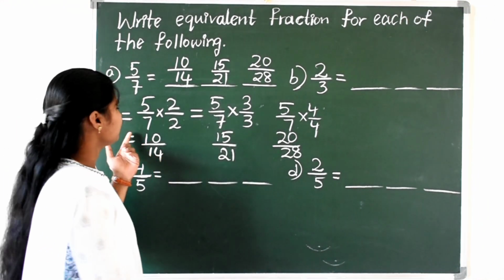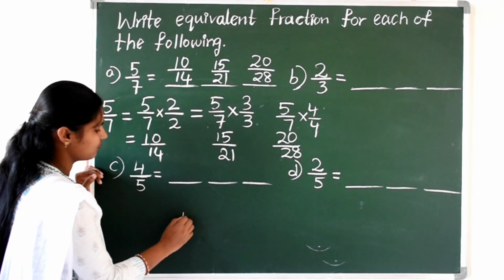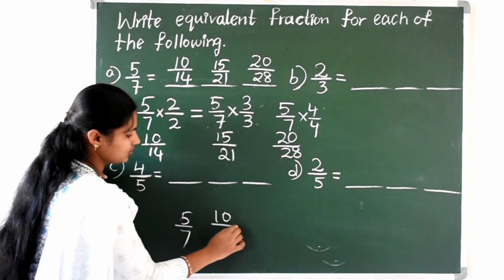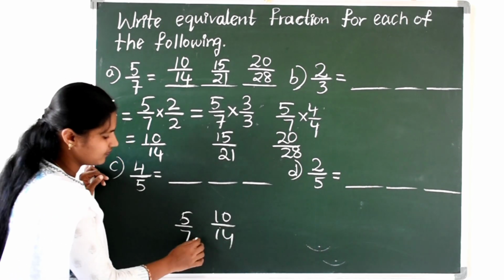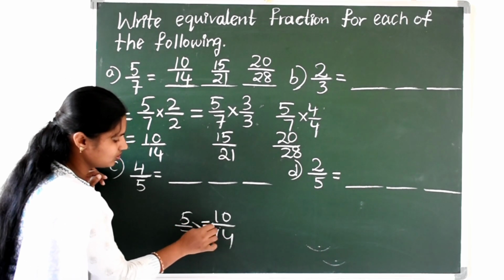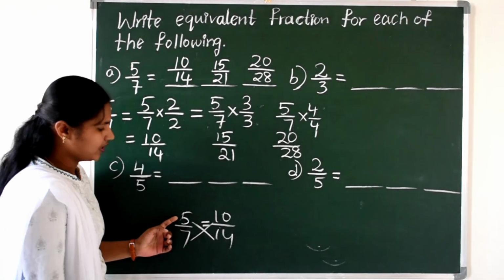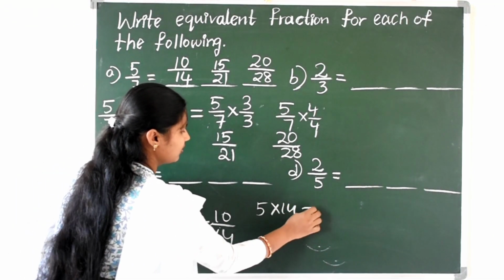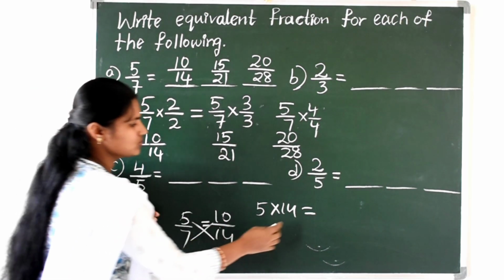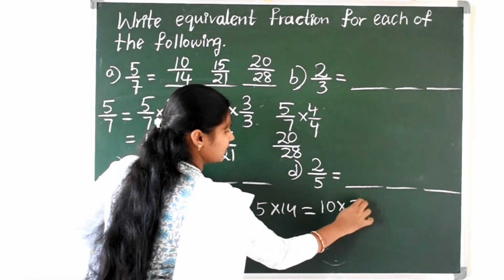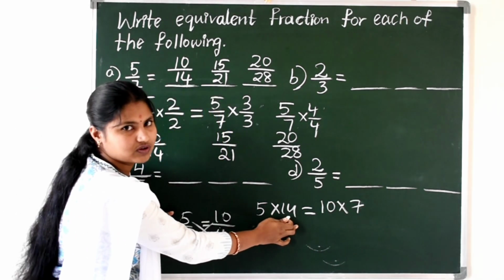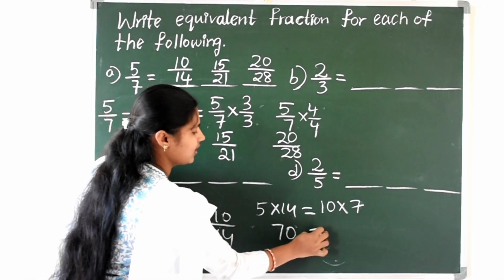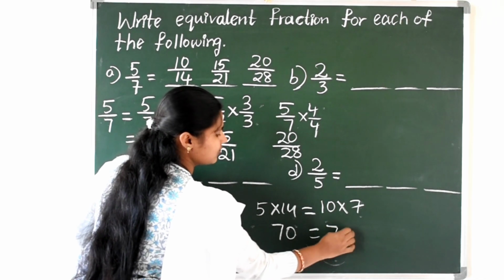Let us cross multiply 5 by 7 and 10 by 14. 5 into 14 is 70, and 10 into 7 is 70.